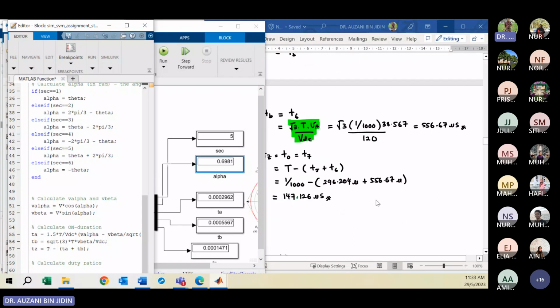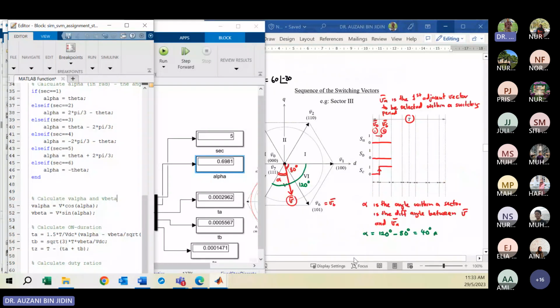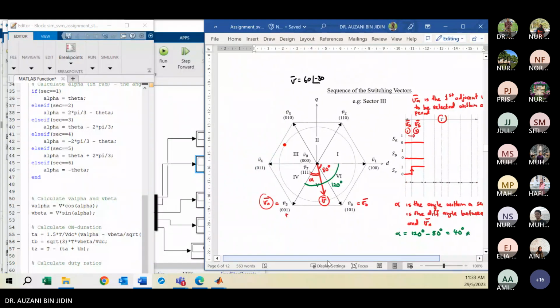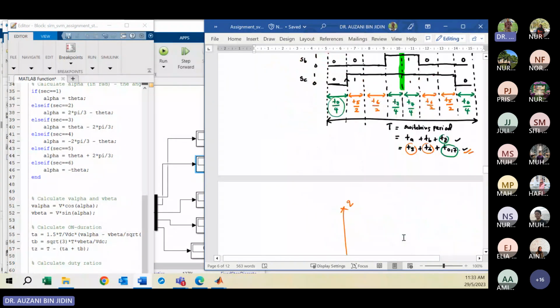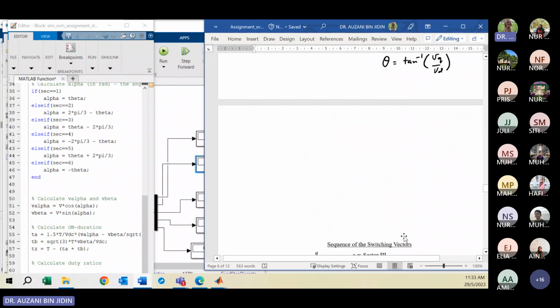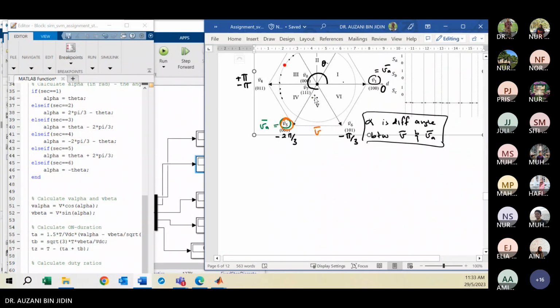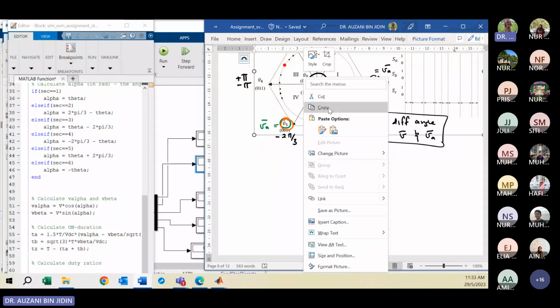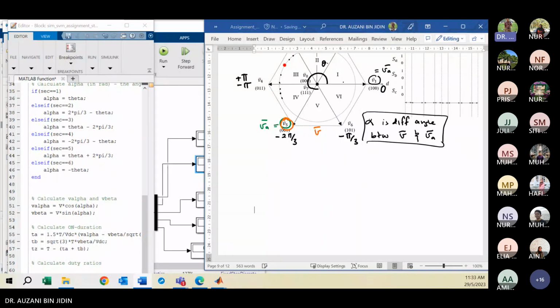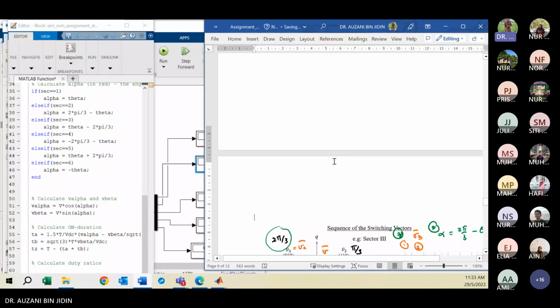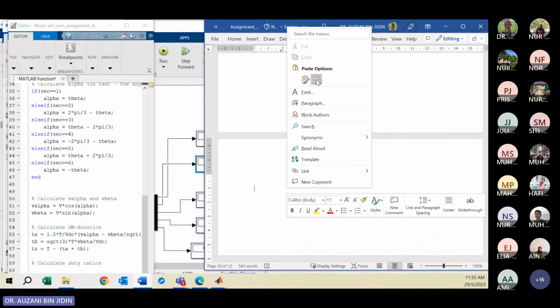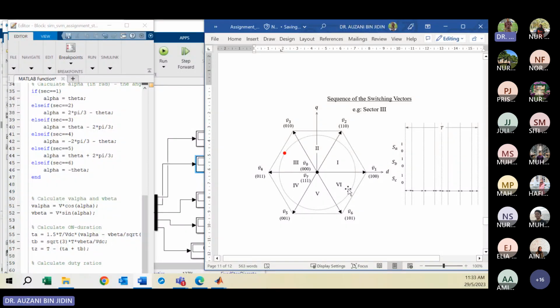Okay, so for VD, VQ, let's say here. Maybe I need to copy the diagram here first, to differentiate the definition of V alpha, V beta and VD, VQ. The question gives the space vector located here, right?